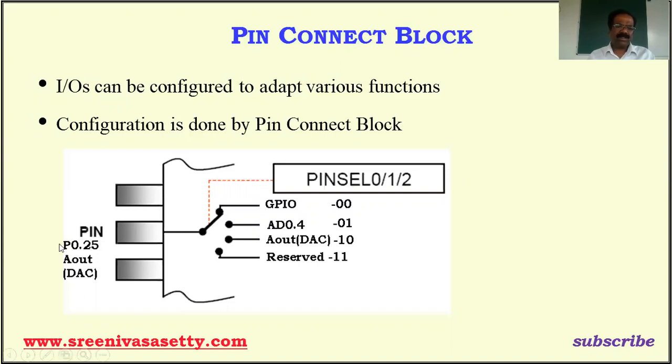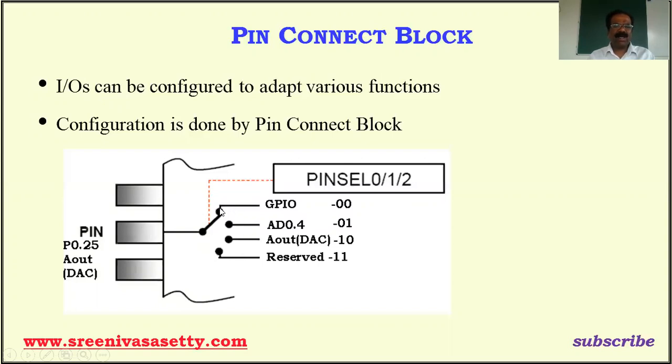Now one more thing: assume this is one pin. I can use this single pin for four different purposes. We call this multiplexing. What is multiplexing? We can use the same resource for different purposes. We have one pin, and I can use it for four different purposes.